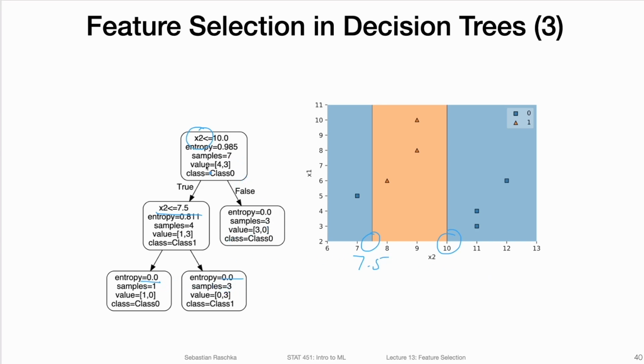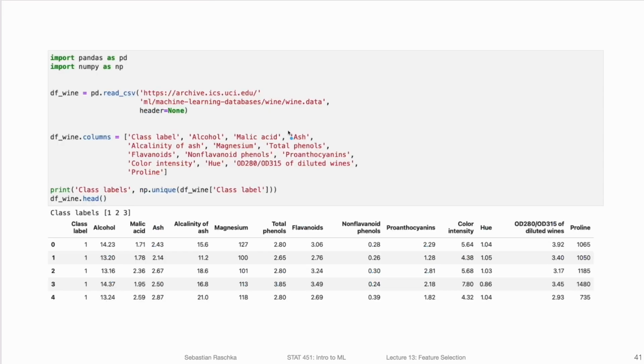So we also have a pretty steep decline in entropy. And in effect, that's the same as before. So both are possible ways to build a decision tree that has exactly the same performance. So I think it's pretty easy to see that decision trees perform feature selection implicitly.